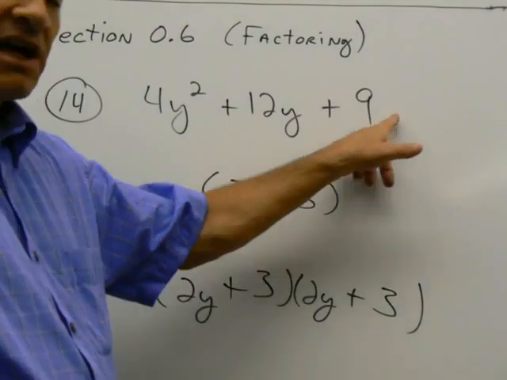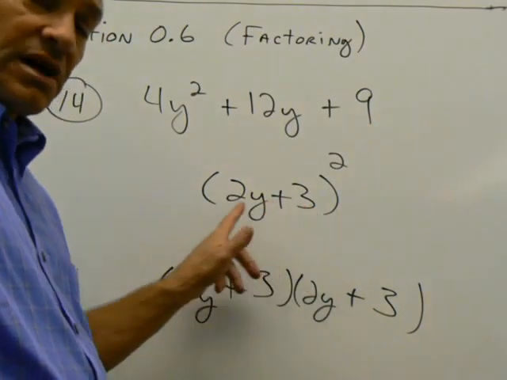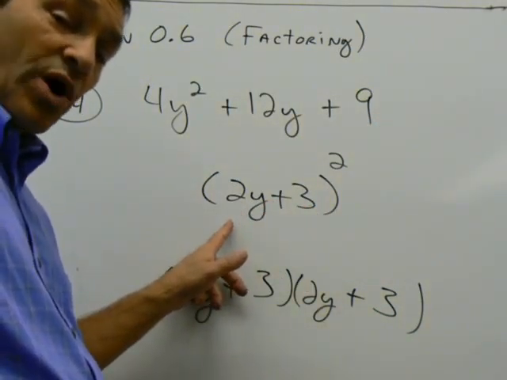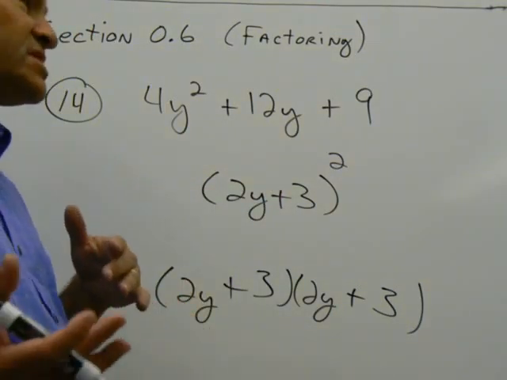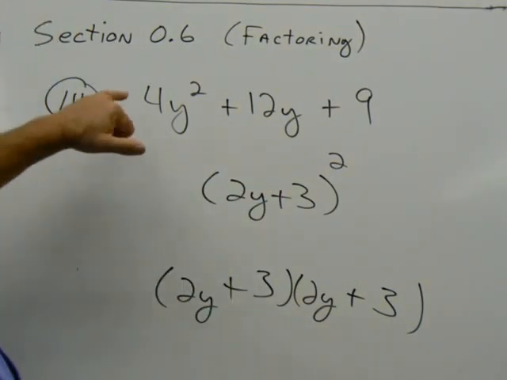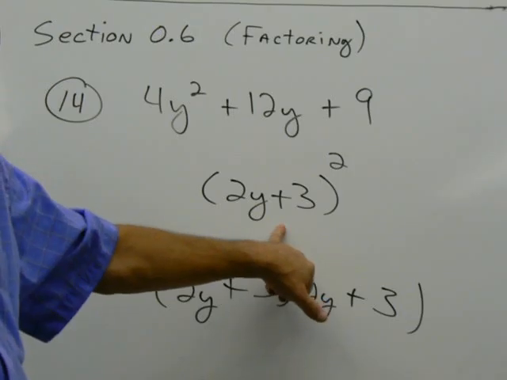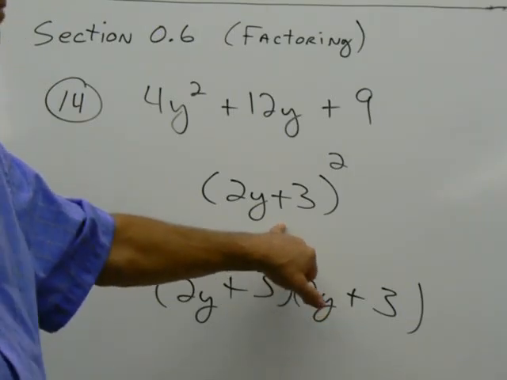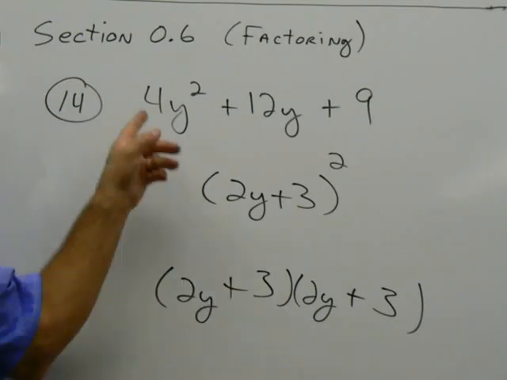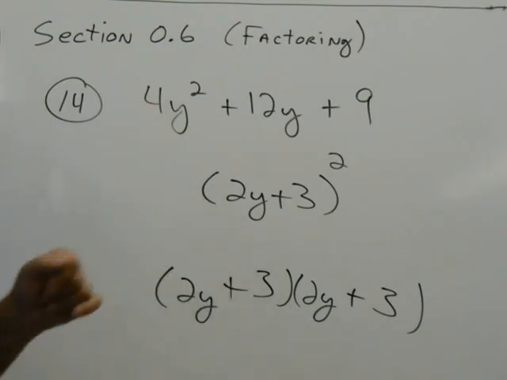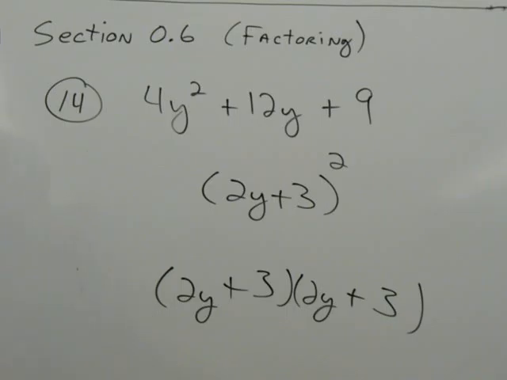Square this term, I'd get that. Multiply this term times this term, 3 times 2y would be 6y, and double it, and I'd get the middle term. It's somewhat difficult. It takes some experience to look at this trinomial and see that it was a binomial sum or difference squared. The technique that I've shown you of using the FOIL method backwards to factor this expression, it'll work, and you just don't need to worry about it. So either this or this would be your answer for number 14.